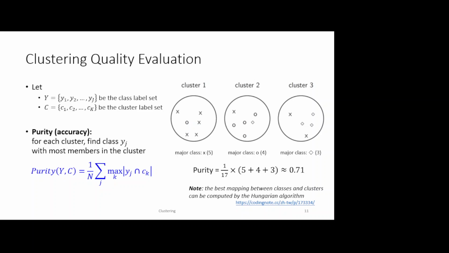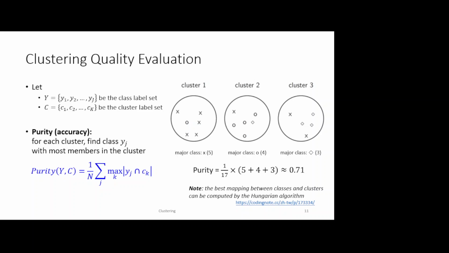And so the purity is computed like this. We just count for each cluster. In cluster 1 we have 5, in cluster 2 we have 4, and in cluster 3 we have 3.